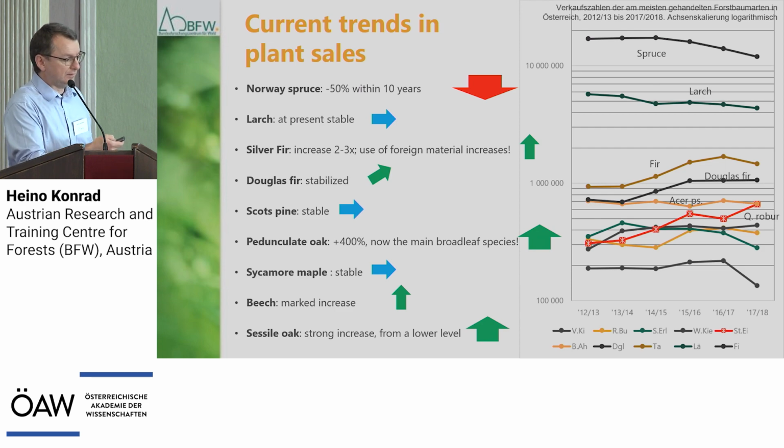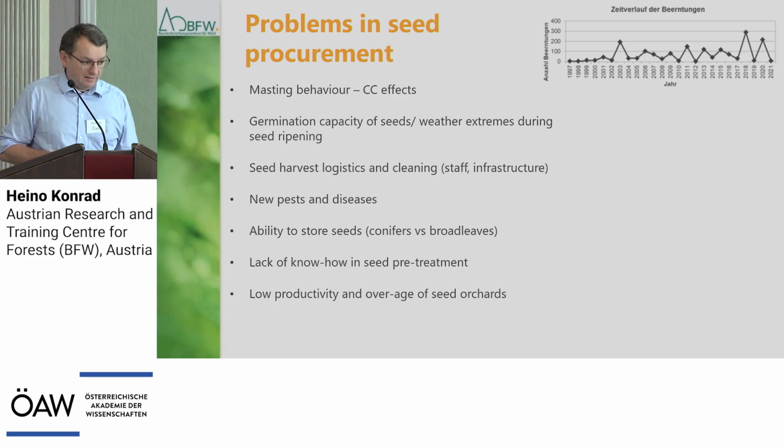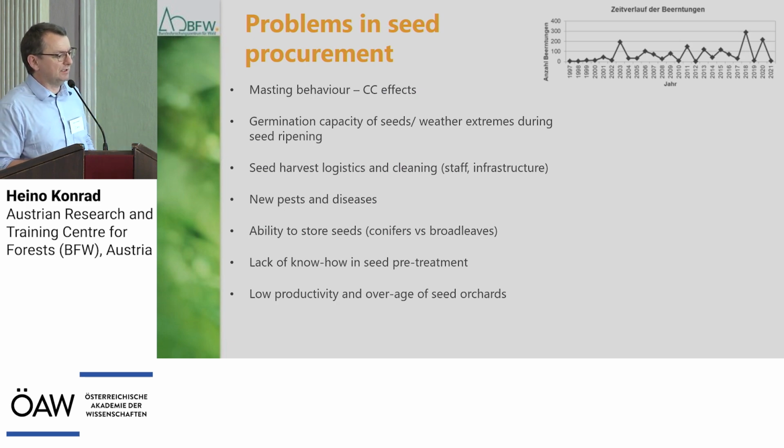But of course we have problems in seed procurement. The masting behavior is strongly influenced by climate change. This is the graph shown for Norway spruce, I think. In the old days, there were fewer harvests, but then strong harvests.